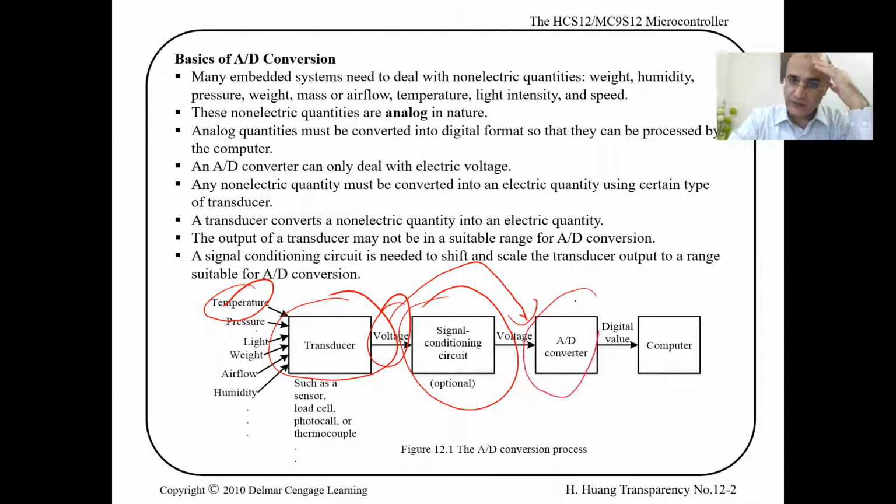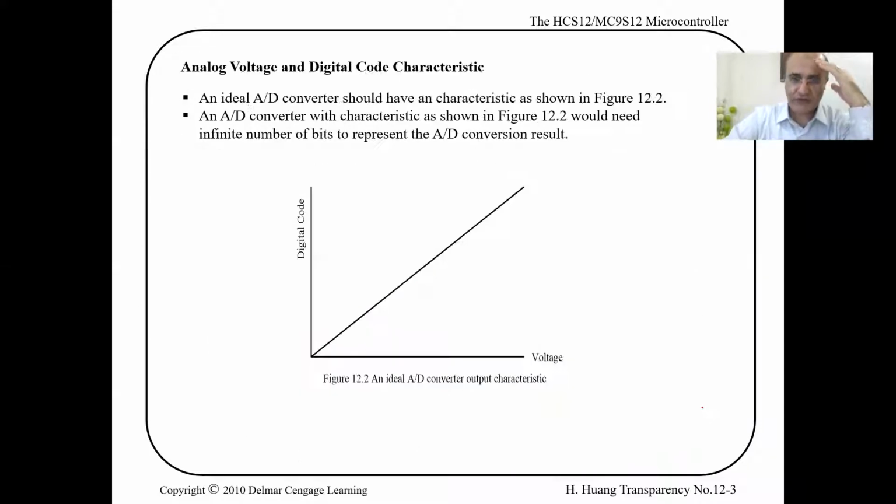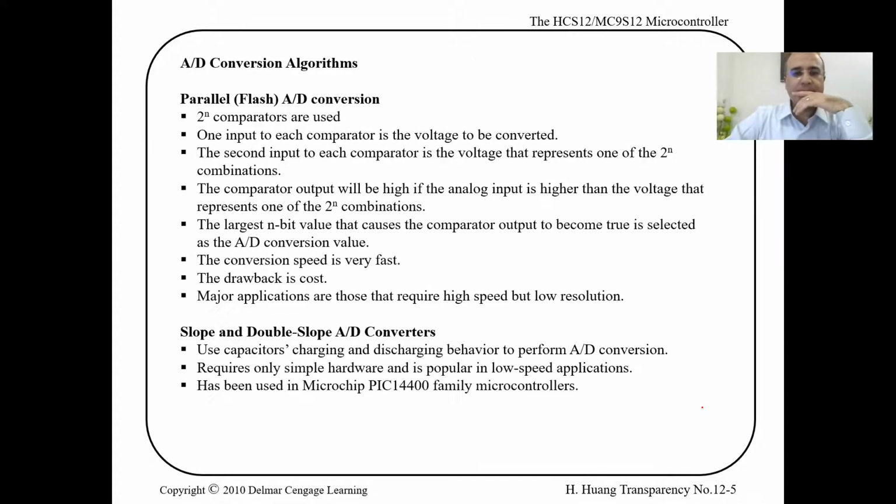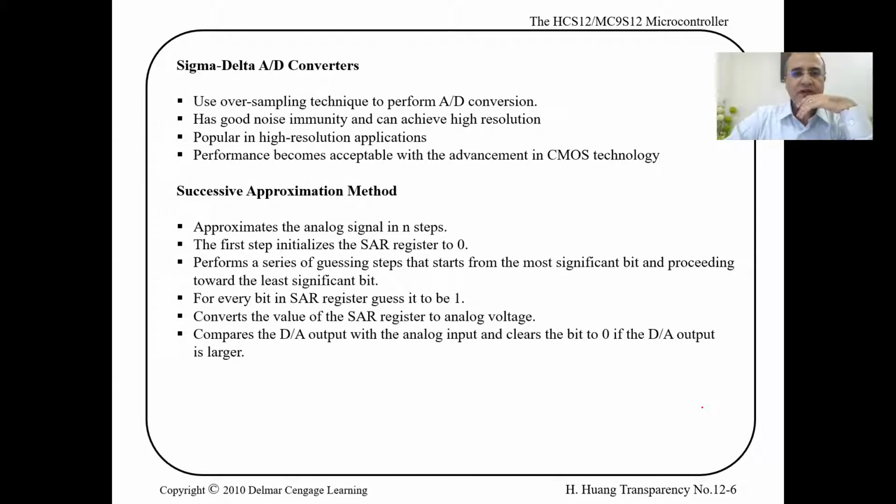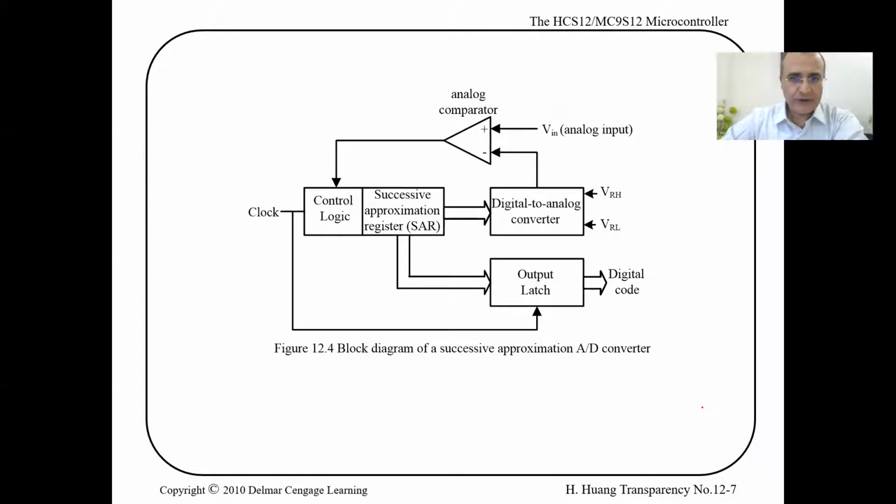Then the A to D will represent the voltage as a digital number, either an 8-bit number or a 10-bit number. This is for the case of HCS12. We looked at different methods to convert to a digital number, mainly the successive approximation.